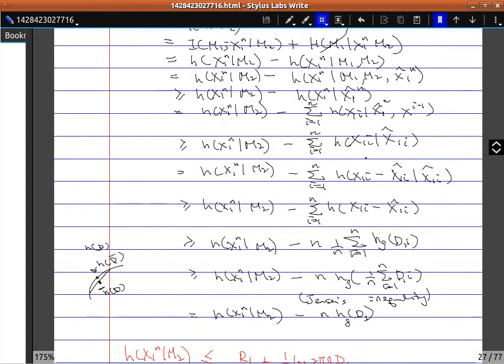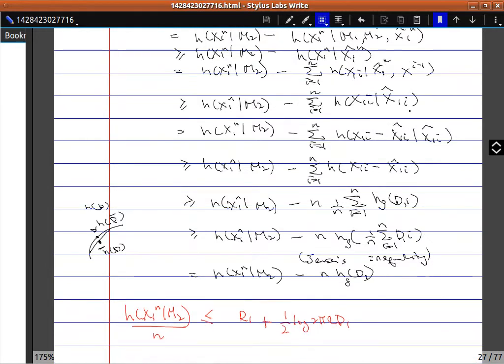We expand that, and then again conditioning reduces entropy. We will remove all X hat, and this is a vector notation, by the way. For the whole vector, we only take X1 hat for the ith component of the X1 hat vector, and for X here, we don't care about that.